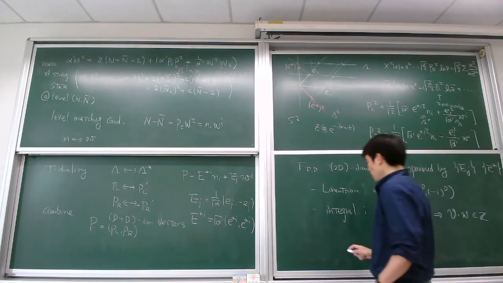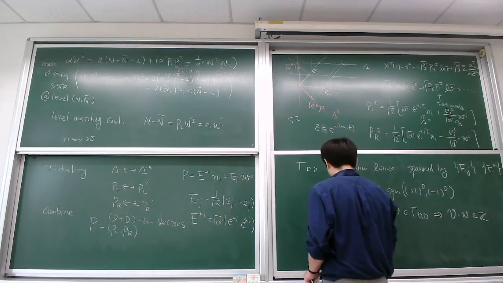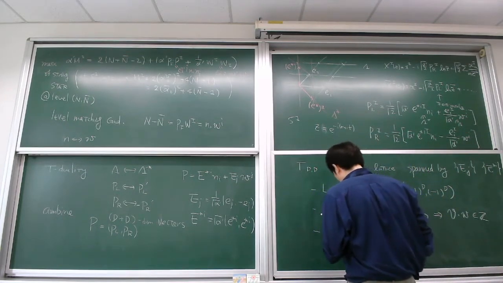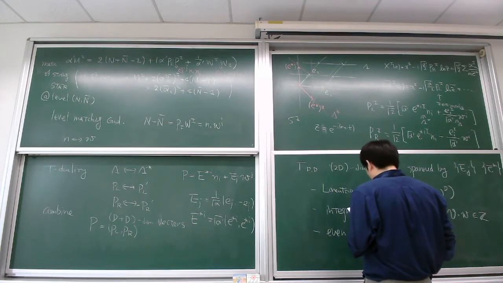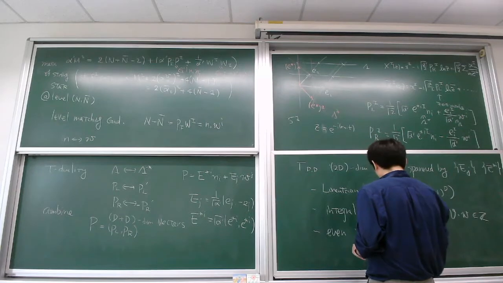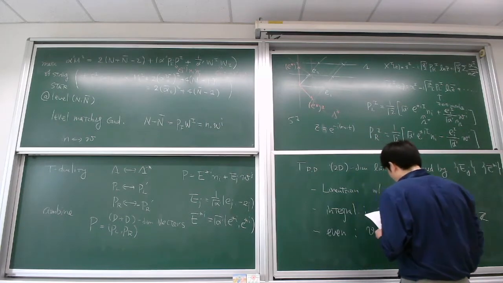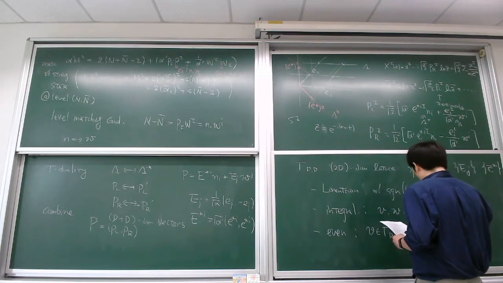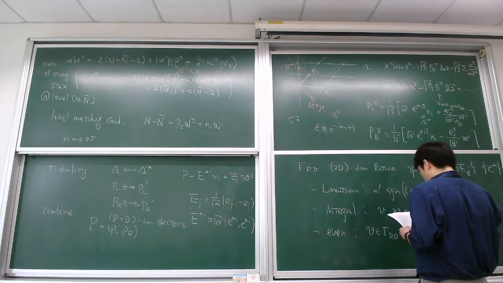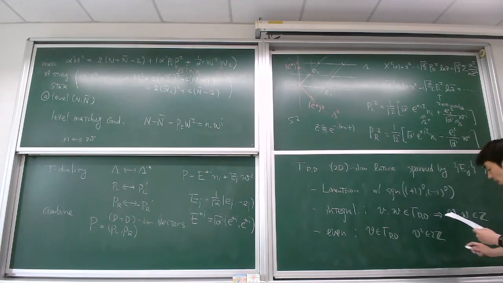And then it's even, which means that if you have a B inside this lattice, then B square is an even integer. And it's not necessarily positive, because it's a Lorentzian metric.